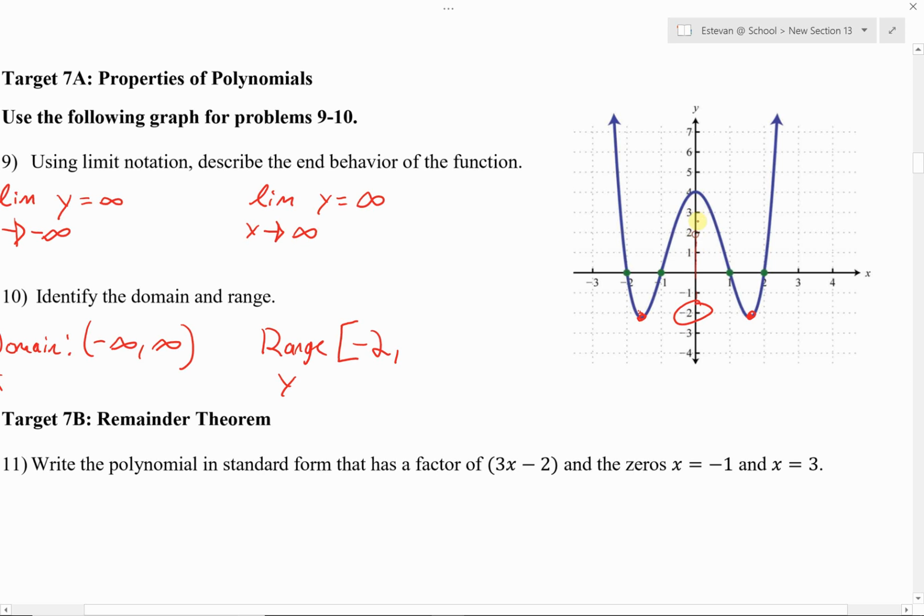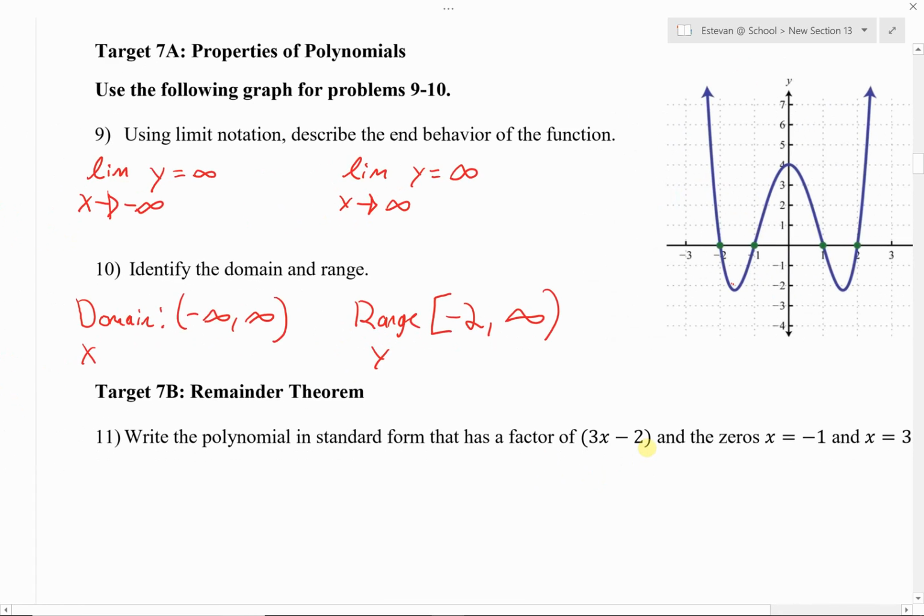So we're going up. It's not 4 because technically these points are above 4. So I could keep on going up. Because of that, I keep on going up non-stop, and there's still going to be a value here and a value there. It goes to positive infinity. That represents your range.